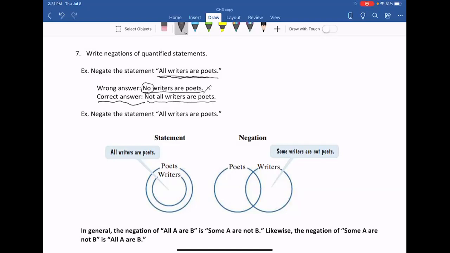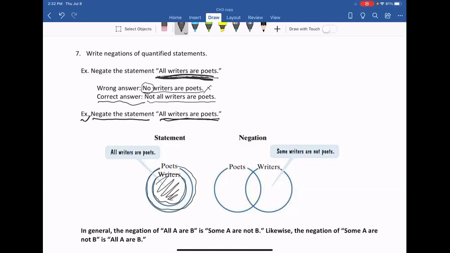Let's see the example. Negate the statement, all writers are poets. So we draw a Venn diagram. The outside is poets. All writers are poets means all the writers are inside the set of poets.